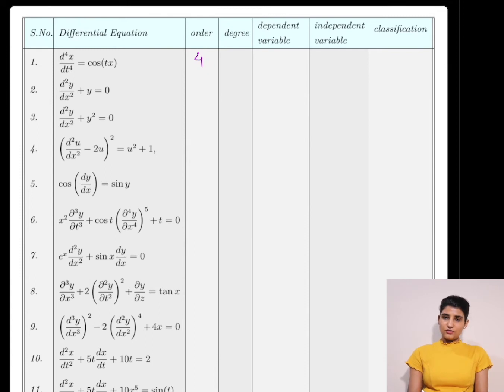The degree of the highest order derivative is 1. The exponent is 1. The dependent variable is x. The independent variable is t. Since there is only one independent variable, this is an ODE. This is non-linear.